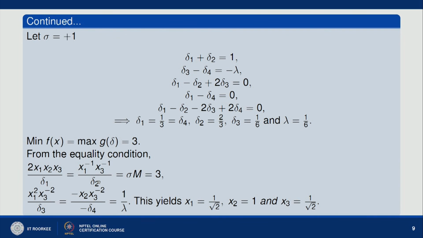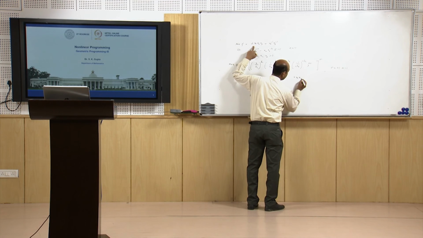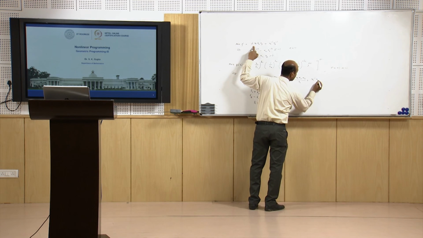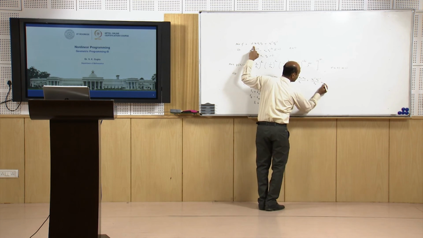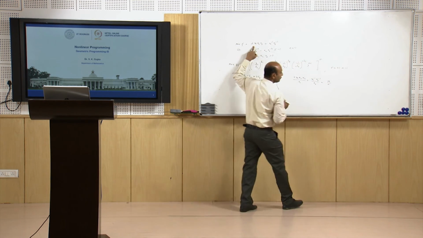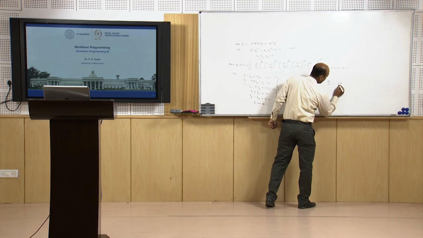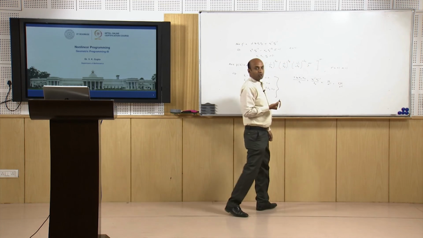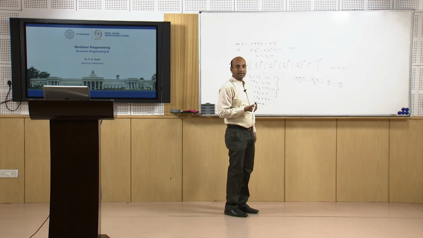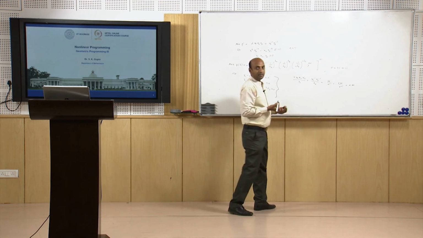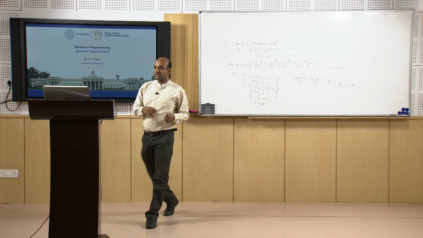So, it will be M upon rho. When you apply here, it is 2 x1 x2 x3 upon delta 1 is equal to x1 to the minus 3, x3 to the minus 1 upon delta 2, which is equal to M upon rho, the sum of numerator and the sum of denominator, which is also equal to rho M upon rho square, and rho square is always 1 because rho is either plus 1 or minus 1. So, it is nothing but rho M, and for this example M is 3.